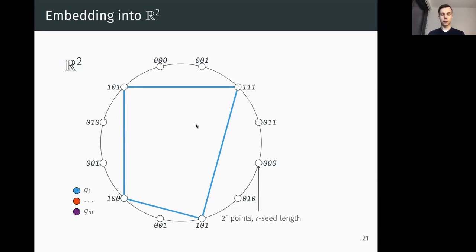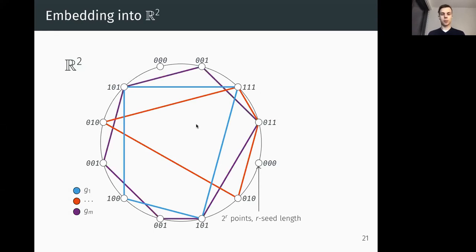And then look at the second bit and make a second polygon the same way. Look at the third bit, make the third polygon this way, and so on. Now we have a bunch of polygons. They have about 2 to the R sides, which is a bit too much. It is not linear, and it is not polynomial.